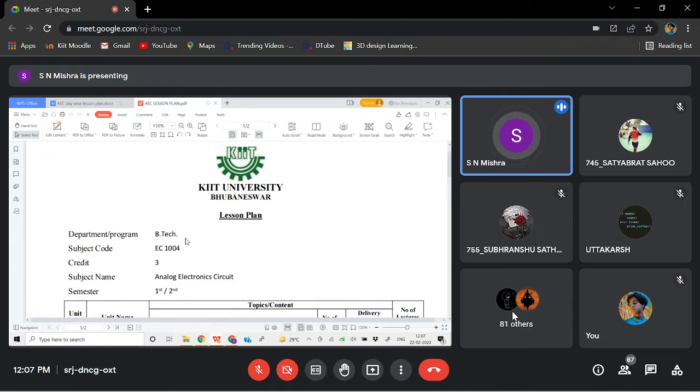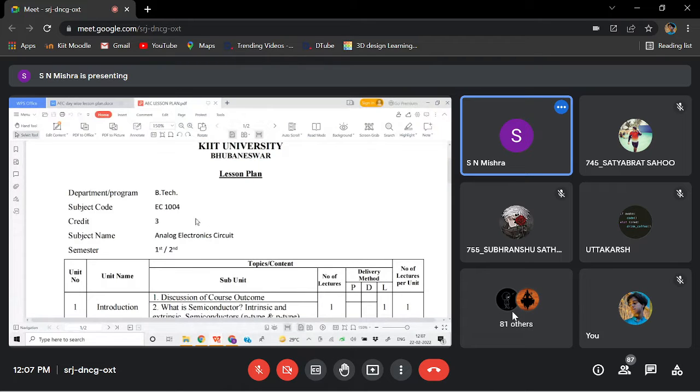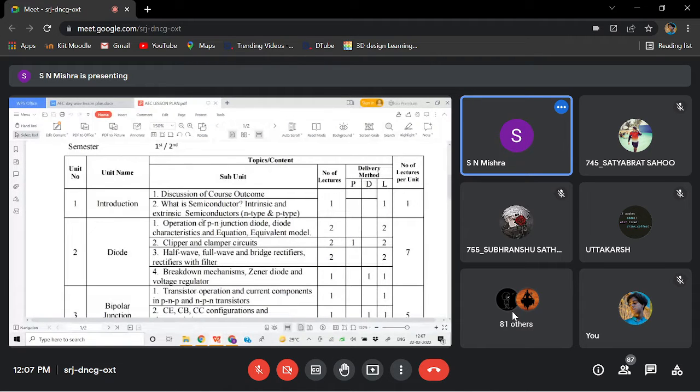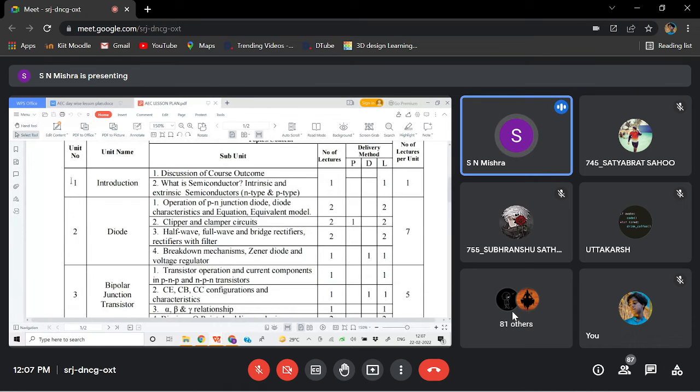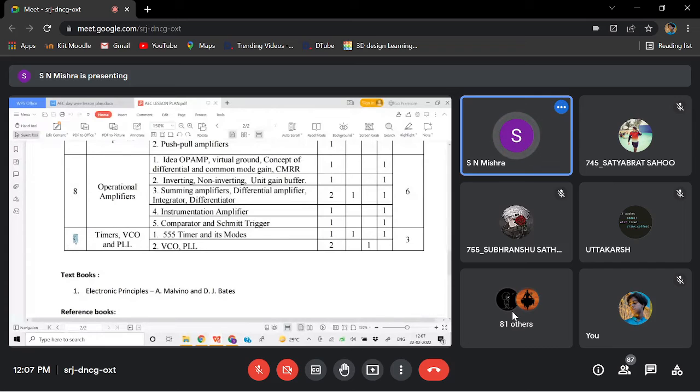So here you can see this is the lesson plan. Yesterday I showed you the PPT in which 8 modules are there. Here, this is the unit number and a total of 9 units are there.